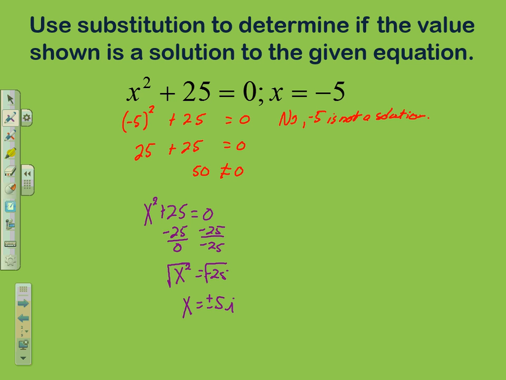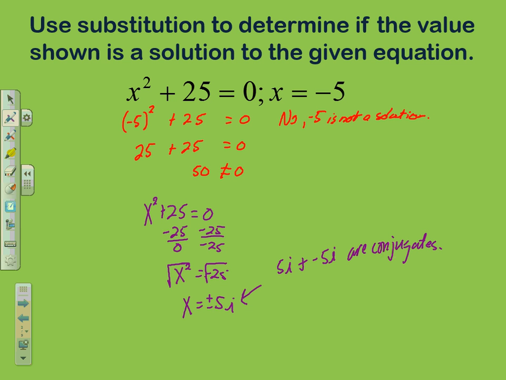So those are really the solutions to the problem, not a negative 5, but a positive or a negative 5i. And I want to note one thing right here real quick. Positive 5i and negative 5i, those are conjugate pairs.